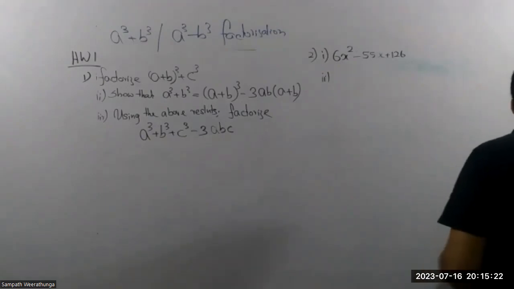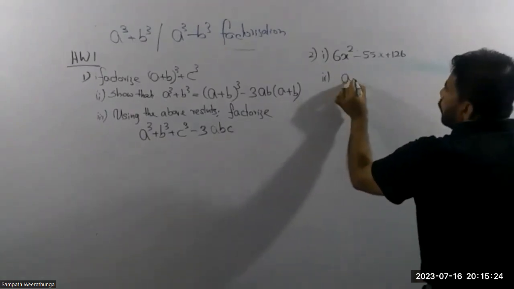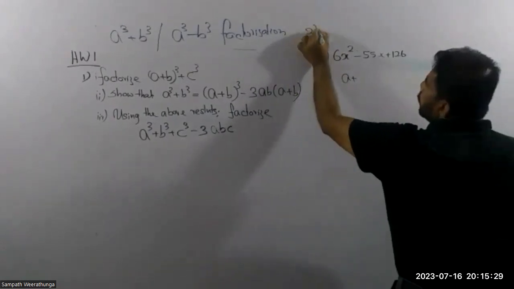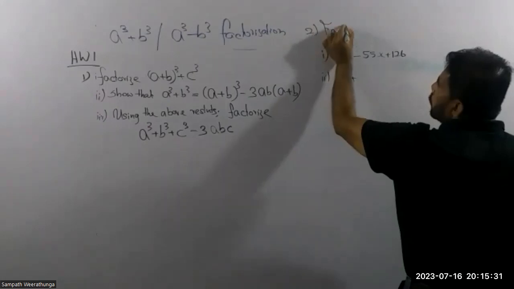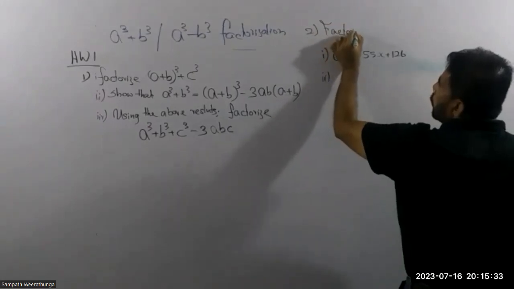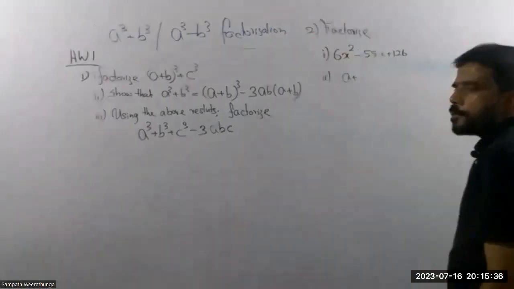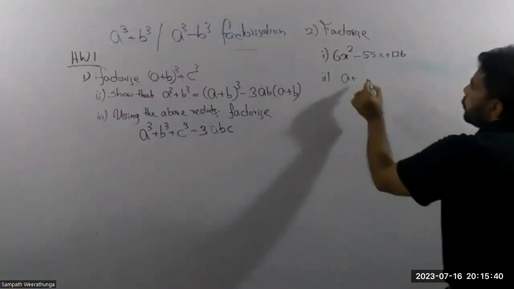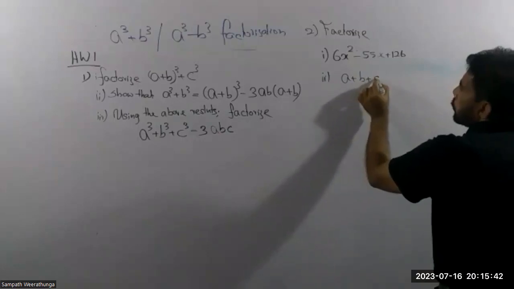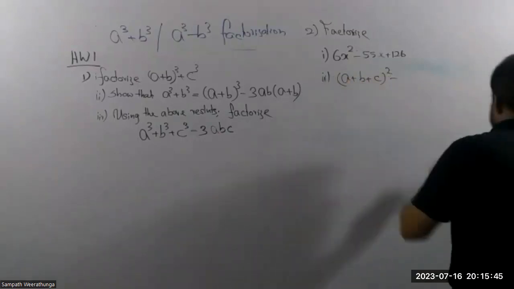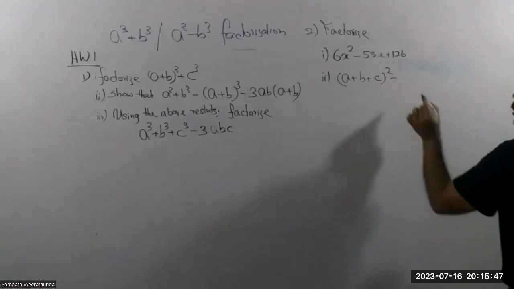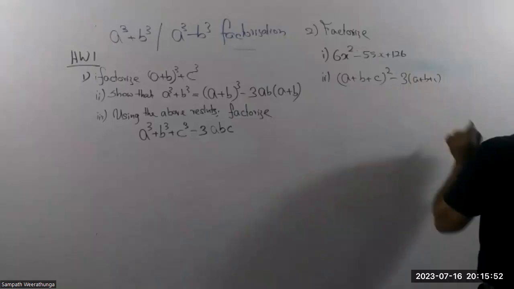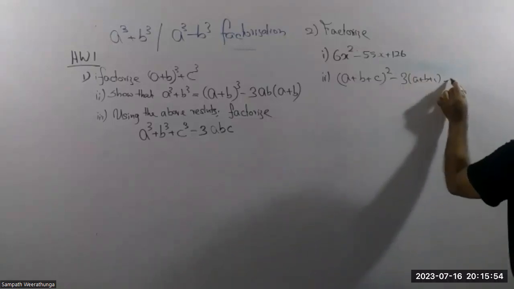Then the second one, you're supposed to factorize (a plus b plus c) squared minus 3(a plus b plus c) minus 28.